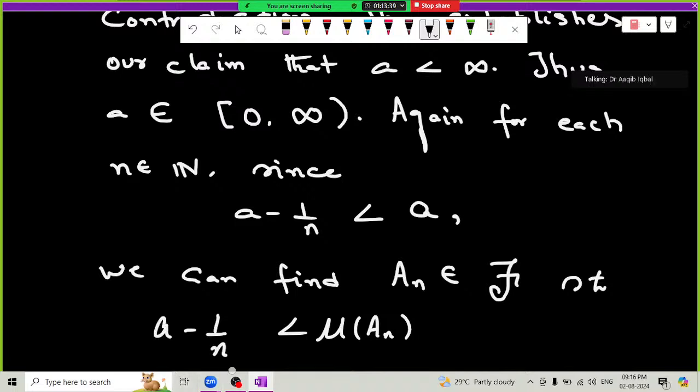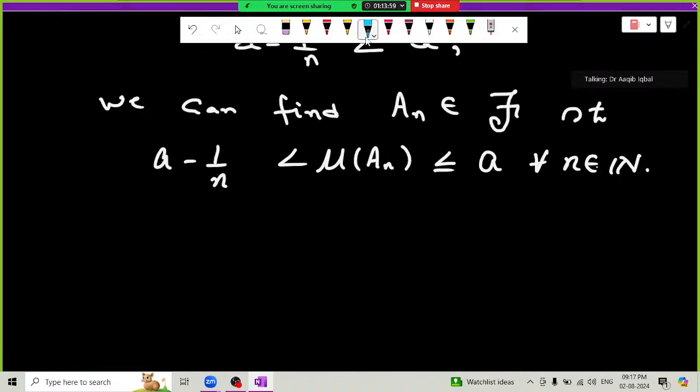और चूंकि म्यू ऑफ ए एन जो है वो स्क्रिप्ट ए से आ रहा है, और स्क्रिप्ट ए का सुप लिटिल ए है, सो देयरफॉर दिस विल बी लेस और इक्वल टू लिटिल ए, एंड दिस विल बी ट्रू फॉर ऑल द एन्स इन द सेट ऑफ नेचुरल नंबर्स. ठीक है. अब इसमें आप क्या करेंगे? यू लेट दिस एन गो टू इन्फिनिटी. Letting n go to infinity, we get what? बताइए.